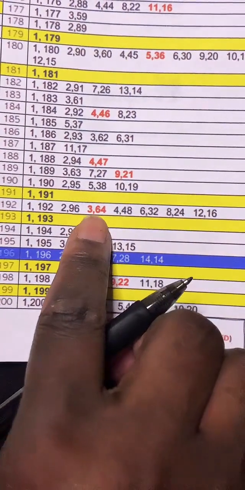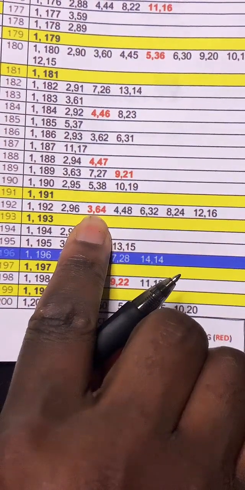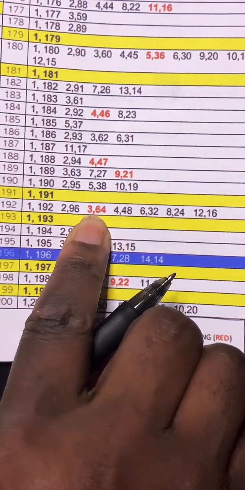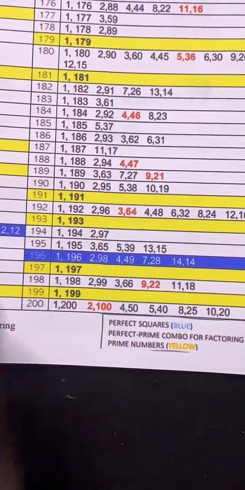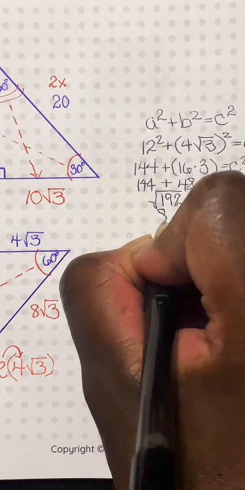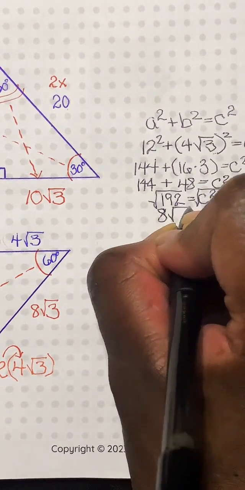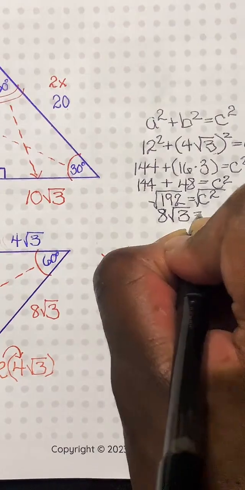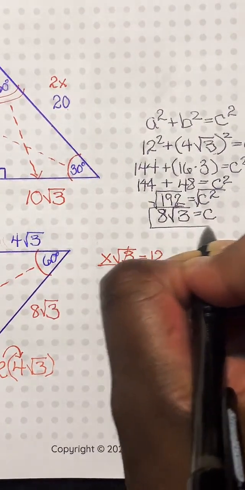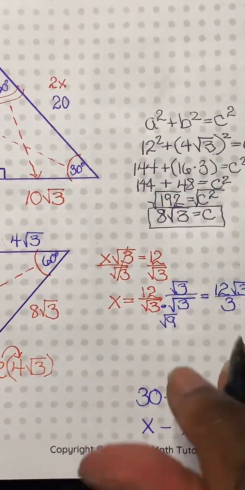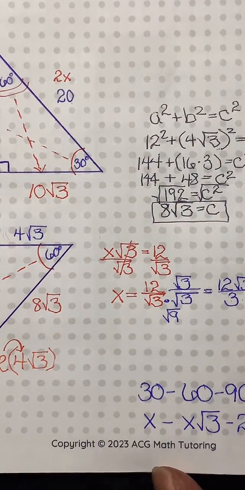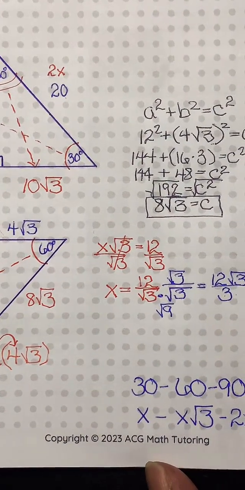But your best combination will be 3 and 64, because 64 is a perfect square. The square root of 64 gives me 8. And the square root of 3, since that's prime, just comes down. Normally we would do plus or minus, but since we're looking at a length of a triangle, we're only going to be using the positive.